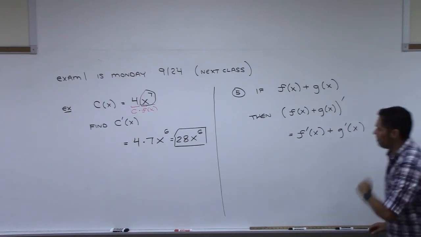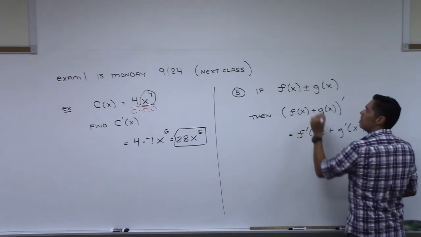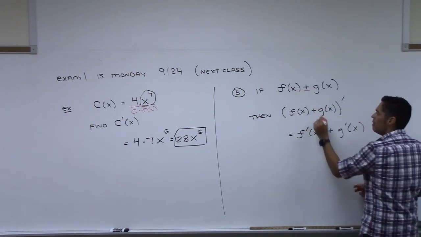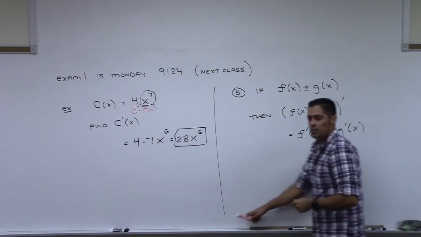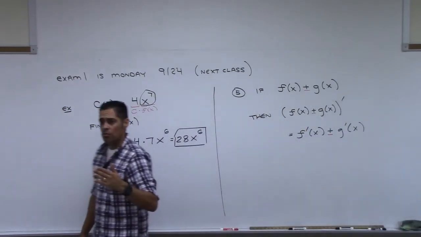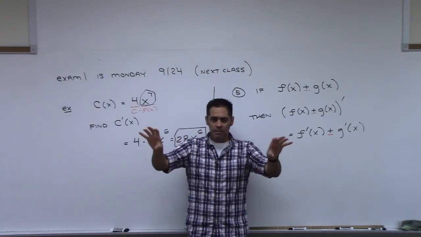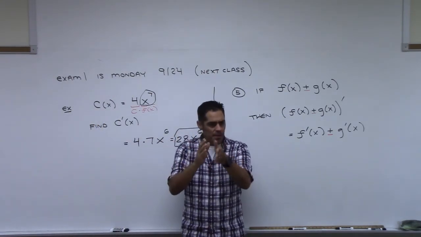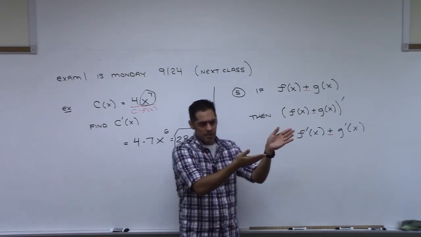Now, I'm going to add one more thing to this rule. If you replace this plus with a minus, so let's say they're subtracted, then everything becomes minus. So you can subtract. This is a very nice rule, because what it allows us to do is look at a function and attack it piece by piece. Take the derivative of each piece one at a time. Make sense?